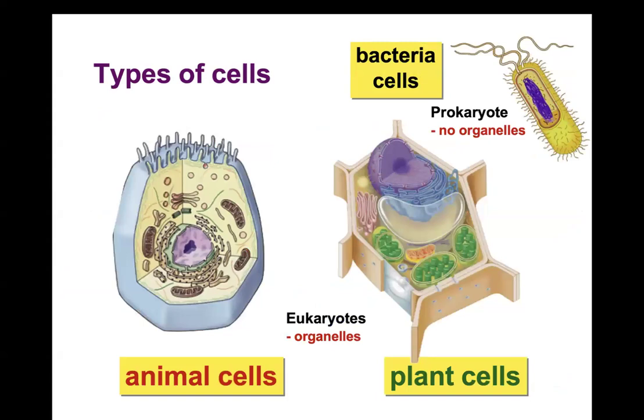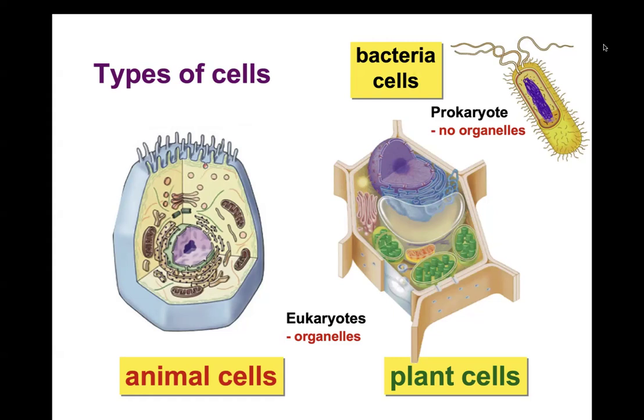All life on Earth is made of cells, and we can break down cells into two smaller groups. So all cells are either eukaryotic, and main examples of eukaryotic cells are animal cells and plant cells, or prokaryotic. The main example of a prokaryote is bacteria cells. Bacteria cells are probably the most common type of prokaryotic cells, at least in the average person's experience.